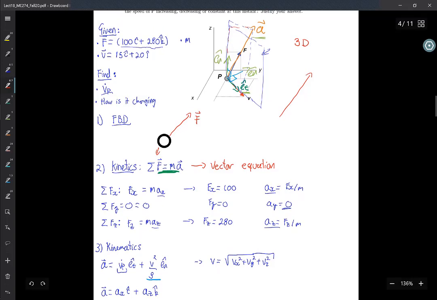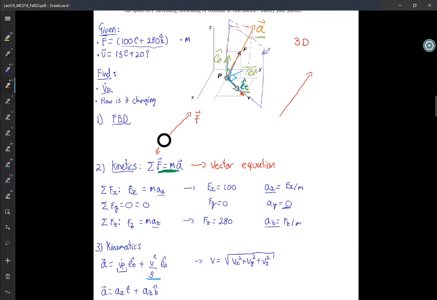Okay, hang on a minute. Let me get this right. Let me draw this again. This is our tangential component, right? Because the velocity is pointing in that direction.